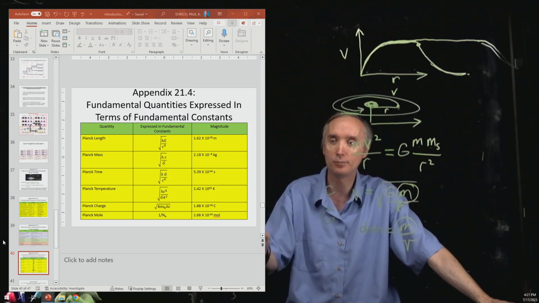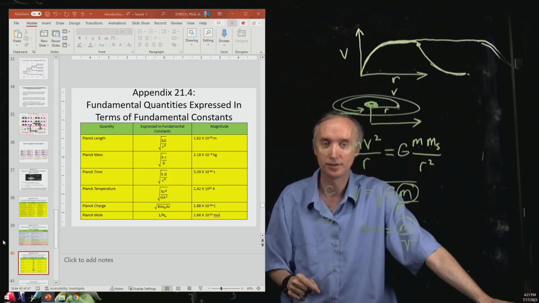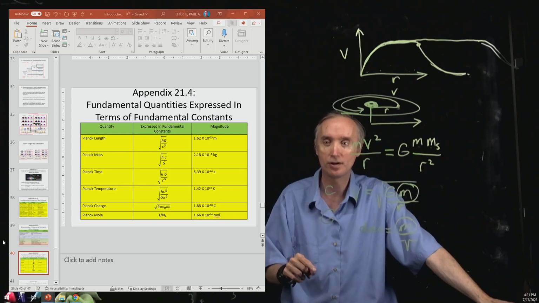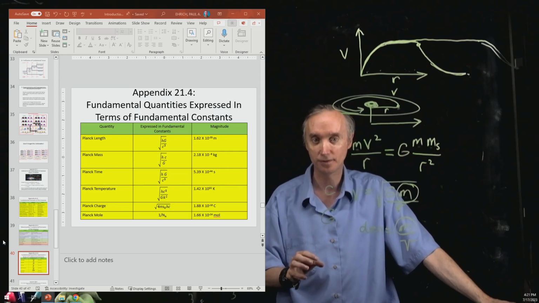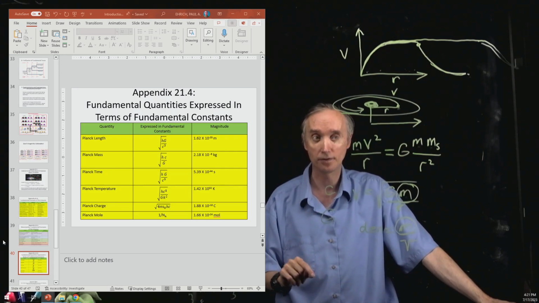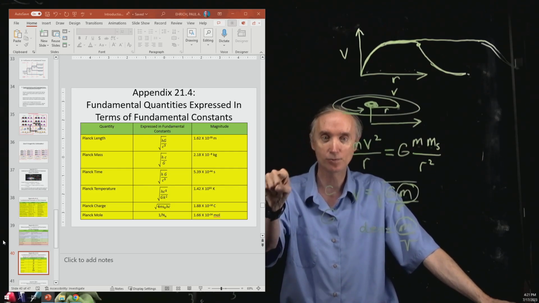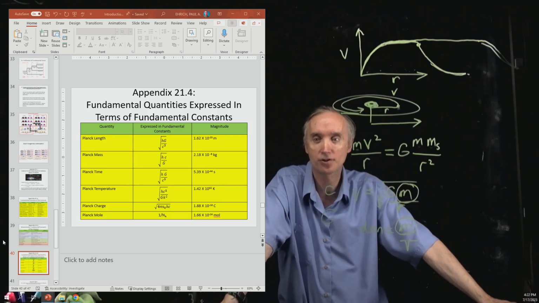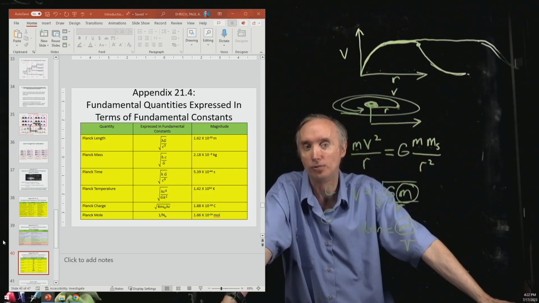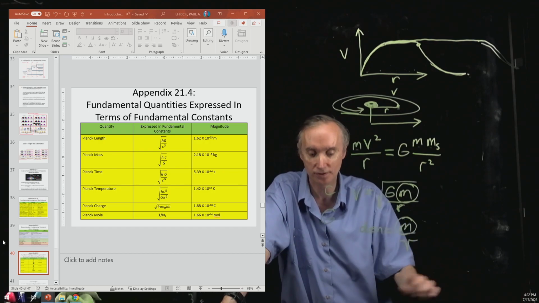You also have Planck temperature. So do you remember that when we talked about what was the temperature necessary in order to get TOE, the theory of everything? That's where that number comes from. And then you have also Planck charge and the Planck mole. So again, somebody had a lot of time on their hands when they came up with this stuff.